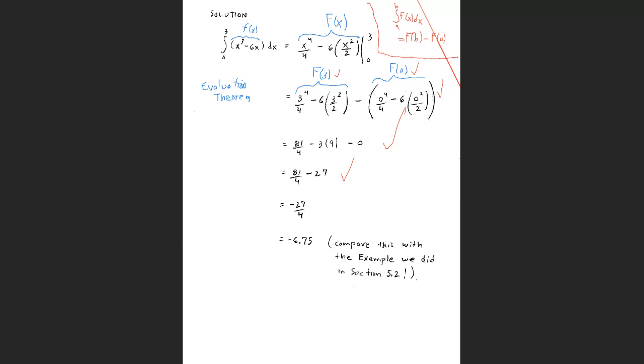Good question. John asked, can you, yes, so the final exam, of course, chapter 5 is going to be on the final exam, and you can use the evaluation theorem for section 5.3. But if I give you a problem from section 5.2, where they're talking about delta x and Riemann sums, then you have to use the Riemann sum.